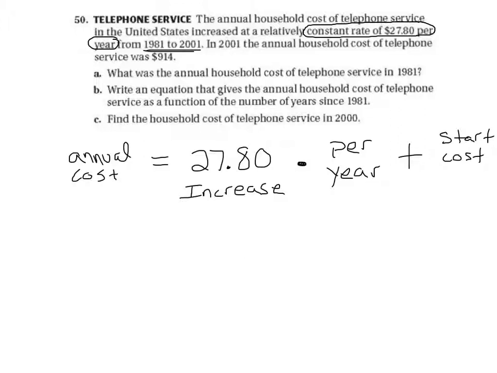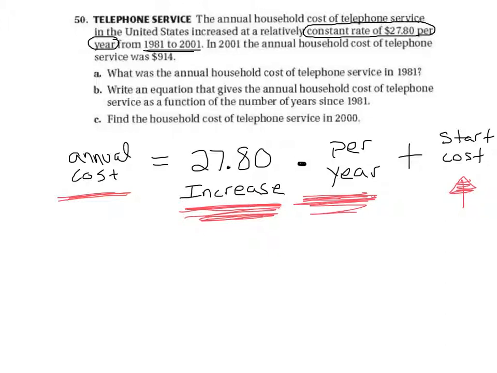Okay, so if you've read it again, maybe you found that the annual cost is equal to this idea of an increase, $27.80. It increases every year, but you have to start with some price, and then you are increasing this much every year after.